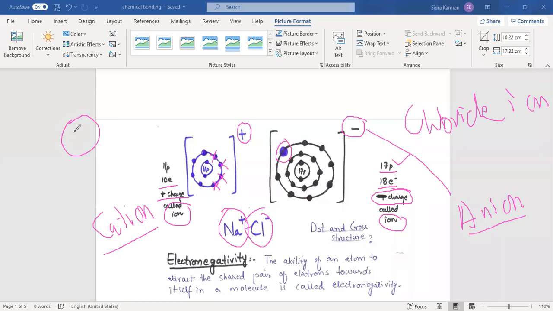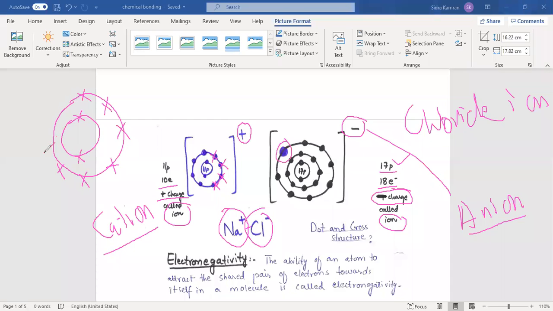This is a sodium atom. The first shell has 2 electrons, so you show them with the cross. In the second shell, there are 8 electrons, so you show these electrons with the cross. When you are showing the bonding between 2 atoms, draw the electrons of one atom with the cross and the electrons of the other atom with the dot.